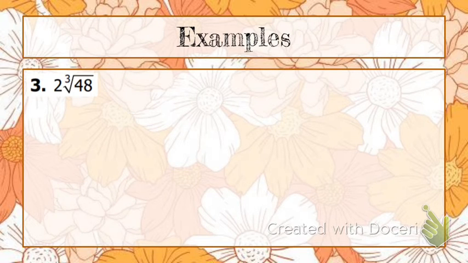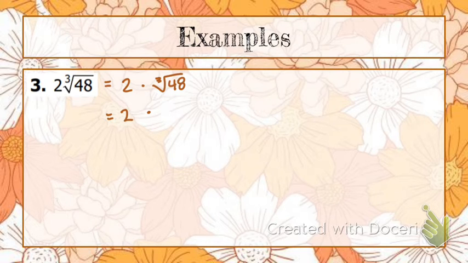Now, for number 3, it is a cube root, and it also has a number out in front of it. So if you remember from our reducing square roots section, we can just kind of separate everything. So we have 2 times the cube root of 48. And so when we simplify this, we're going to keep the 2. And then when we break up the cube root of 48, we want to look now at our perfect cubes list.